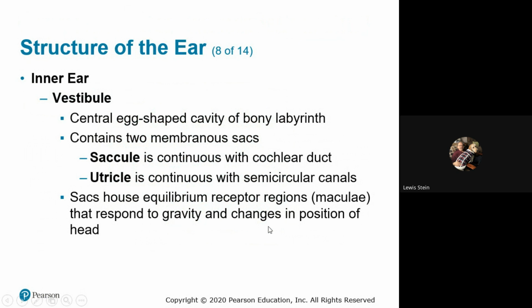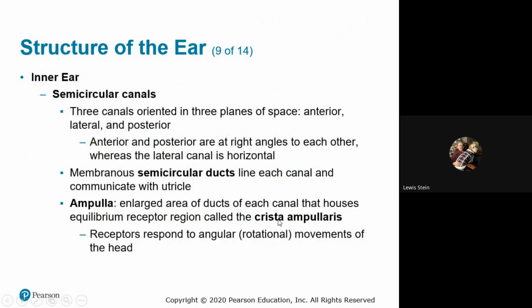As you can see, I just described before, specific receptors that respond to different kinds of changes. Semicircular canal, anterior, posterior, and lateral, with membranous ducts that are lined. And then the entryway to each one of these ducts has something called the crista ampullaris. And you'll see there's a very good micrograph and a very good illustration of what it looks like. And when we're moving our head rapidly, or we're moving rapidly, it changes.